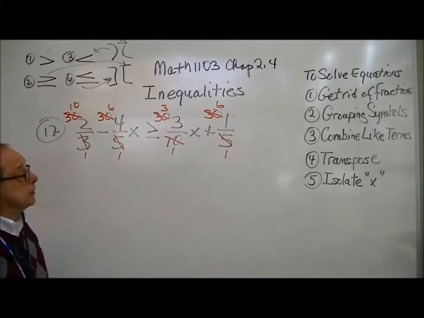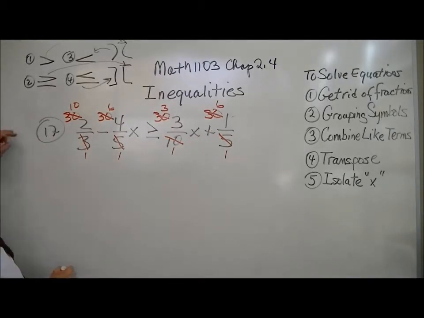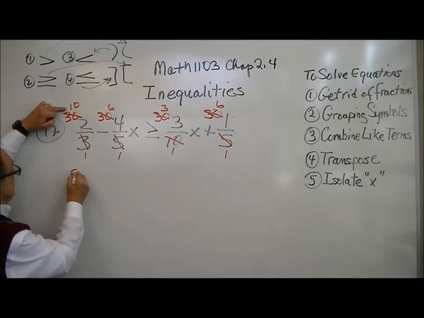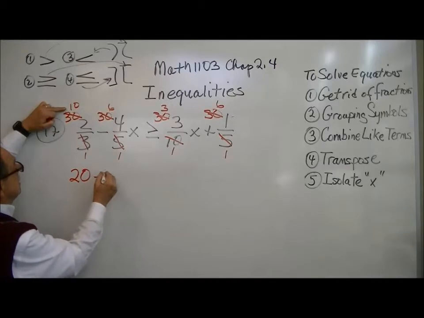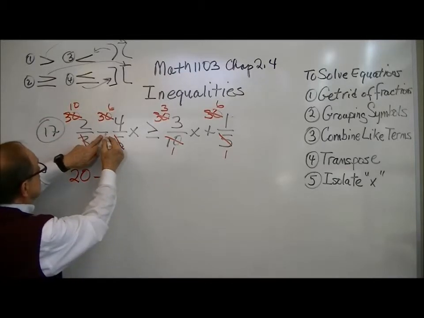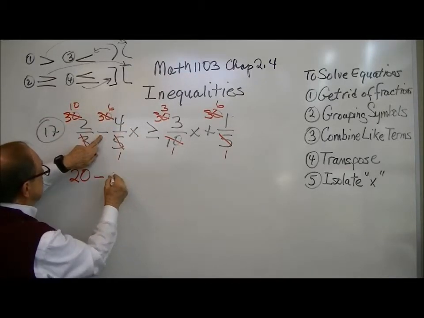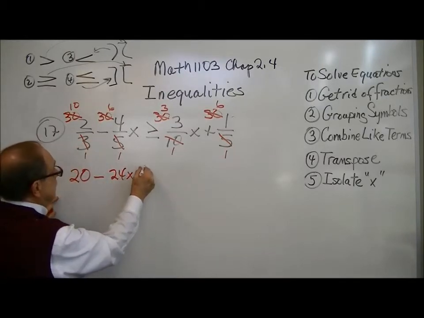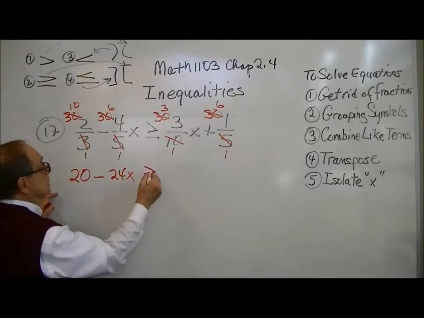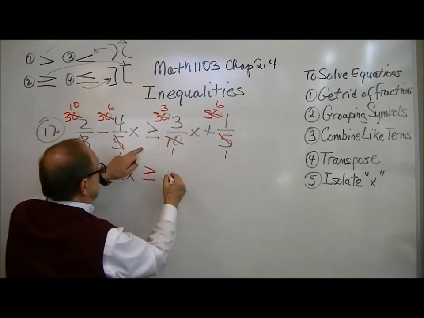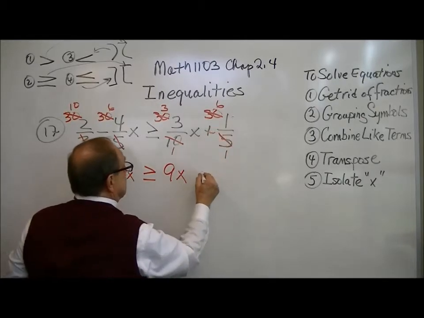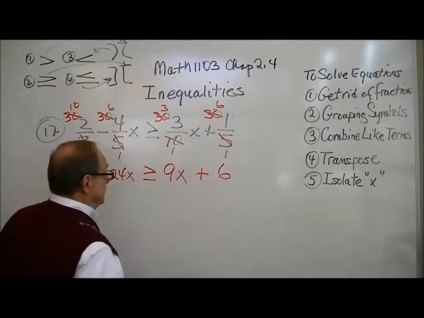That is, get rid of the fractions. So now we have 2 times 10, which will be 20, minus, there's our minus, this is going to be a negative 24x, is greater than or equal to, 3 times 3 is 9x, and then this is going to be a 6.